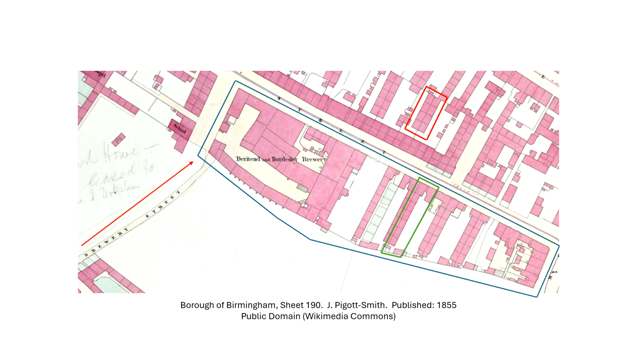Now, if we just take a step back and look at the rest of this extract from this map, you'll see that there are a lot of back-to-back houses here. In fact, this whole area is set out like this.